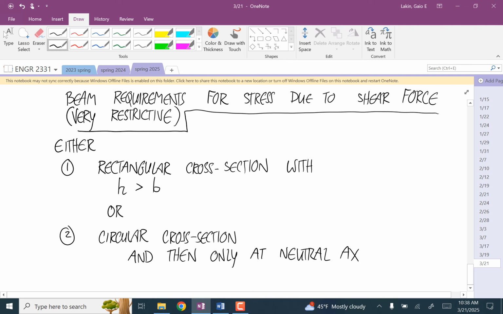So what happens if you had forces that would cause a shear stress in a material with a cross section that doesn't work? We just don't have a way to calculate it. So we just say it's zero in our stress tensor? No, you just say I can't calculate it, with these tools. Correct. It just gets a lot more complicated.